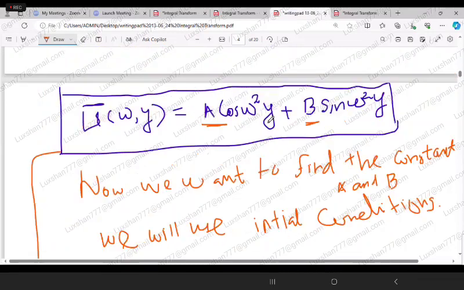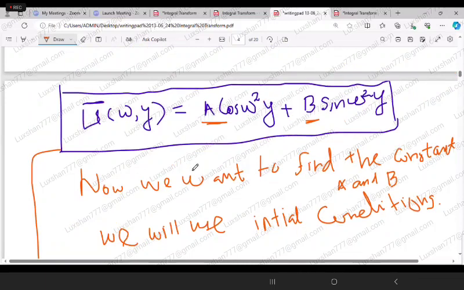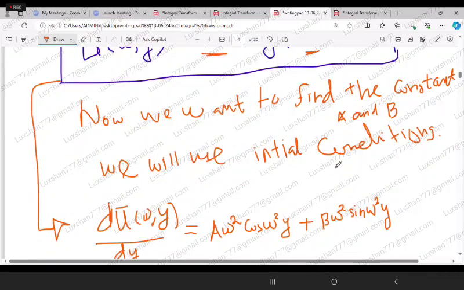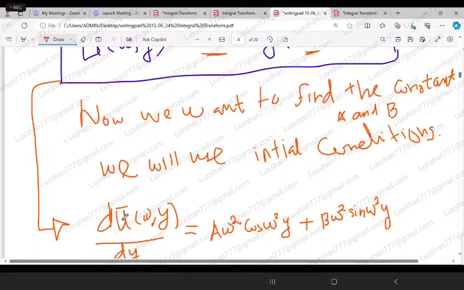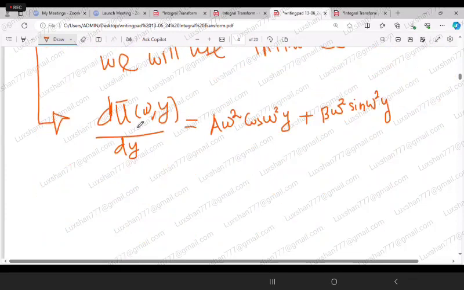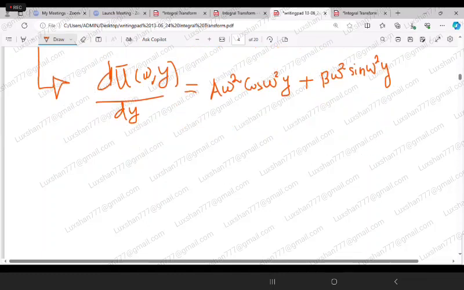To find these constants a and b, we will use initial conditions. In order to apply the initial conditions, we want to consider the first derivative of this one. Now we have du bar omega y over dy equal to this. Now I am going to consider the Fourier transform. Wait a minute.